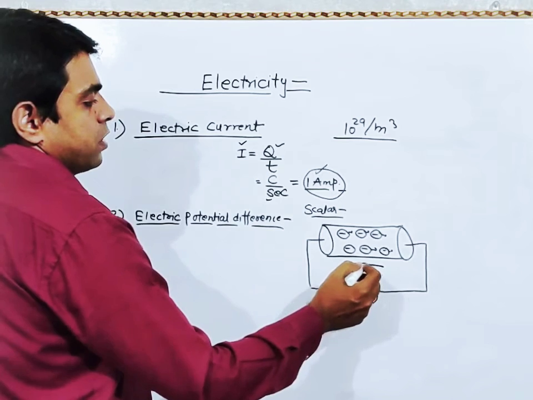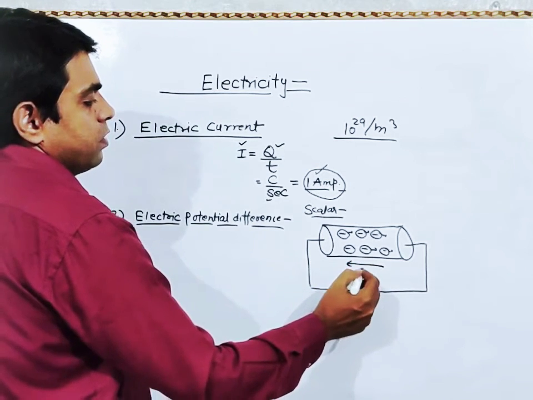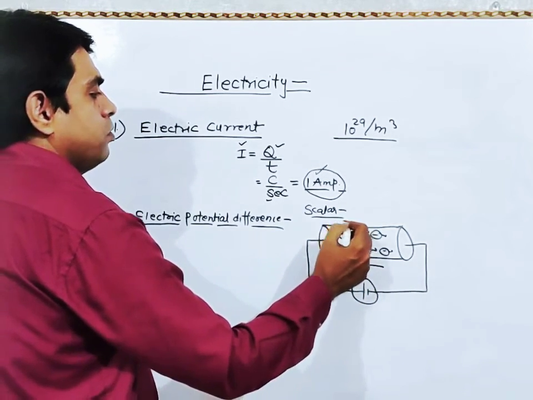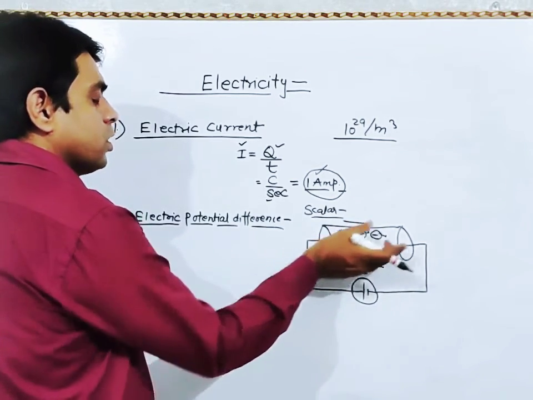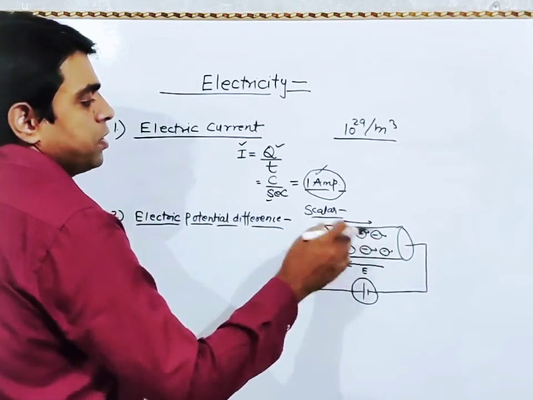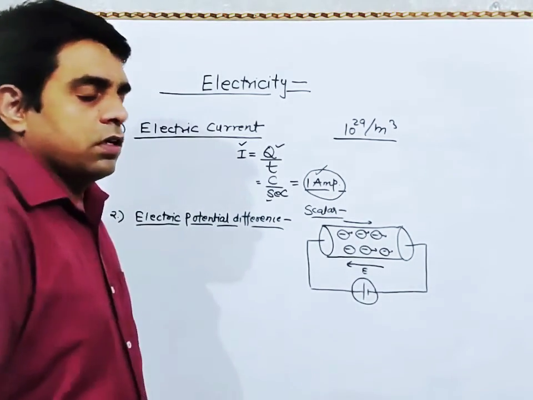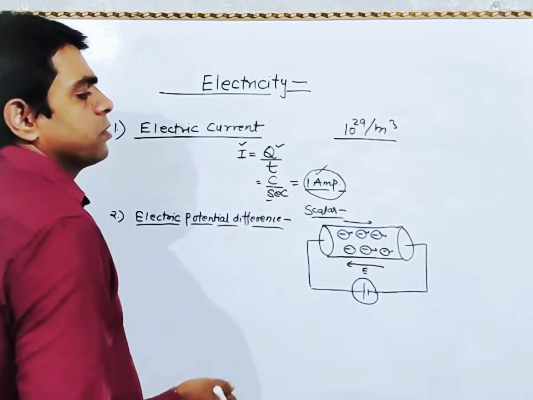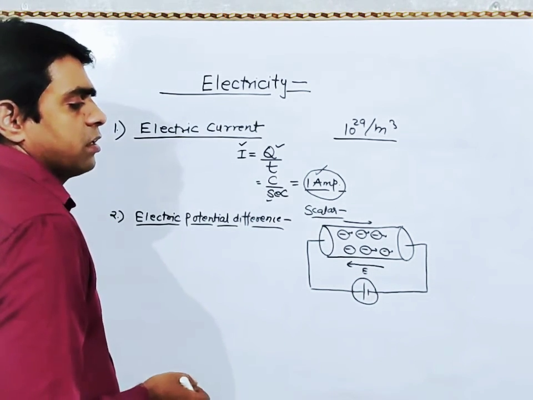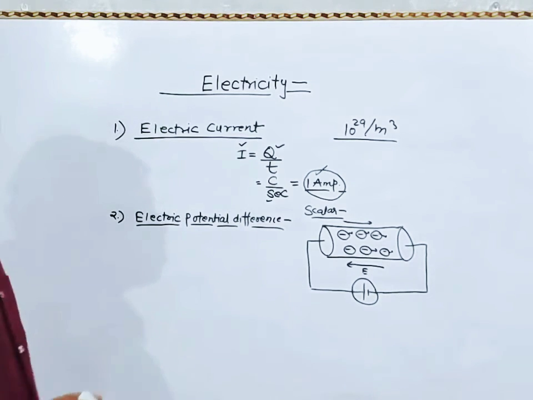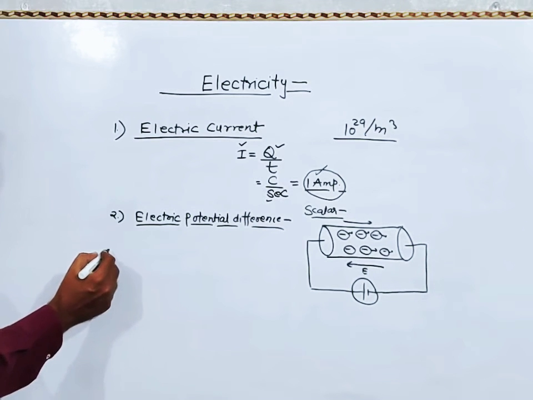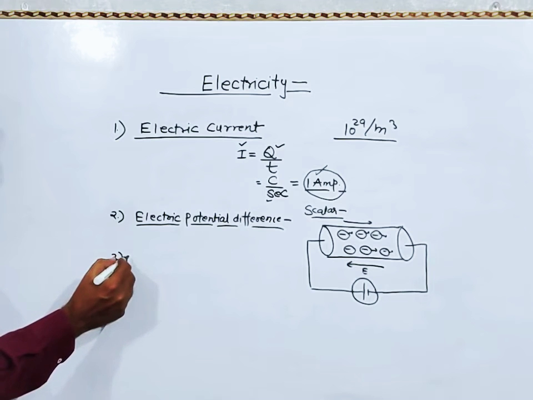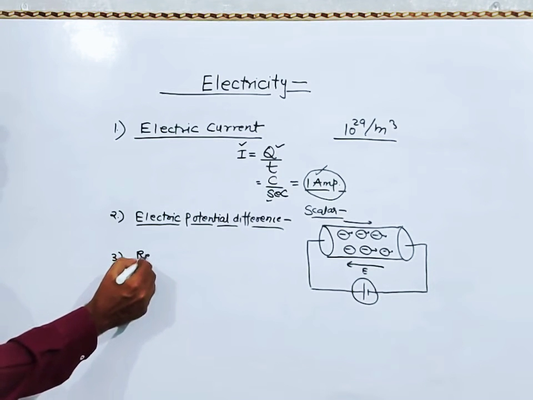Here the direction of the electric field will be this one, and the charges will move toward this one. So the motion of the charge may be considered as the electronic current, and just opposite direction of the electronic current we are getting the electric current, and that will be called the conventional current. उसको हम क्या बोलेंगे? Conventional current बोलेंगे. Now again we are going to next topics, that is resistance.